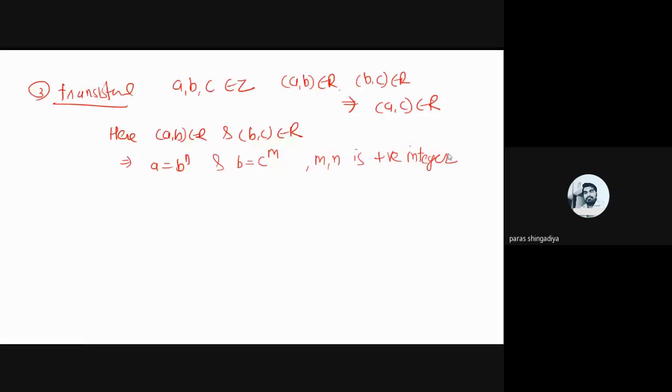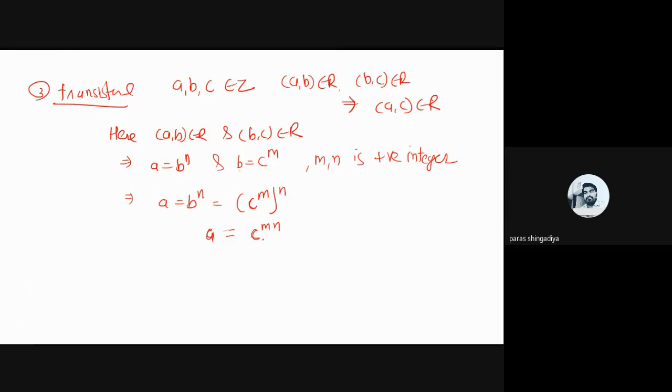Now use this formula and prove that (A, C) also belongs to R. How can we prove that? We'll substitute the value of B in these equations. A is equal to B raised to n, and the value of B is C raised to m. So we replace B with C raised to m, with the power n. By the rules of mathematics, power of a power converts to a product, so we get A is equal to C raised to mn.